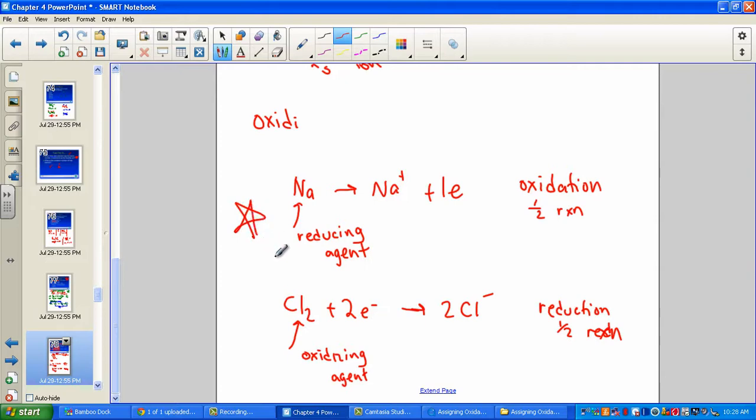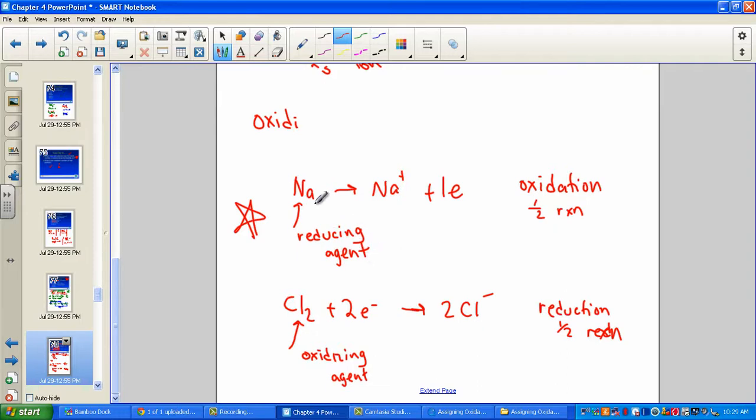Very important. I would put this little highlighted note in your notepad page, the term agent. It's very important to process the term agent and the vocabulary associated with it. Agents force the other reactant to do the opposite of what it has done. Wherever we've had an oxidation, we must have a reduction.